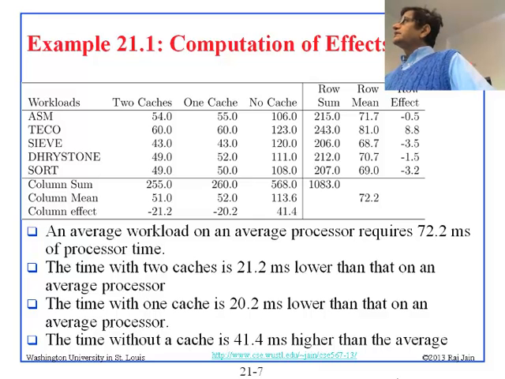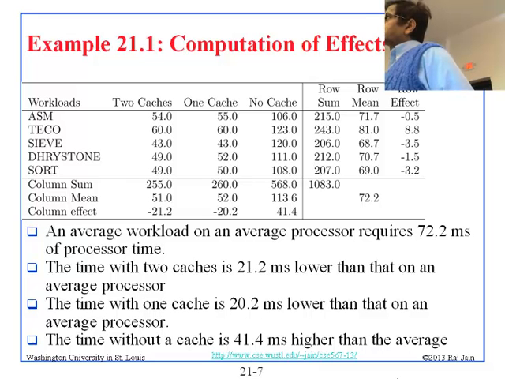So these are the effects of the caches, and they add up to 0 again as we defined. So how do you interpret this result? This result, now this was actually a time, it says time. So this result says that the average workload on an average processor requires 72 milliseconds.